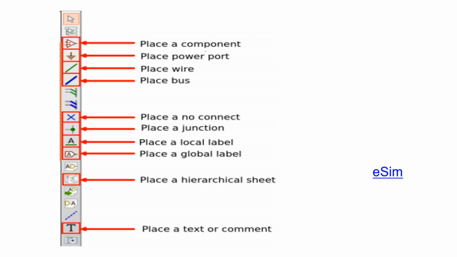Then if you like to place some text or comment, you can go with the place a text or comment icon. So this is the toolbar. In this, we have seen place a component, place a power port, wire, bus, then no connect, junction, local label, global label, hierarchical sheet and the text or comment. These are the frequently used tools in circuit design.